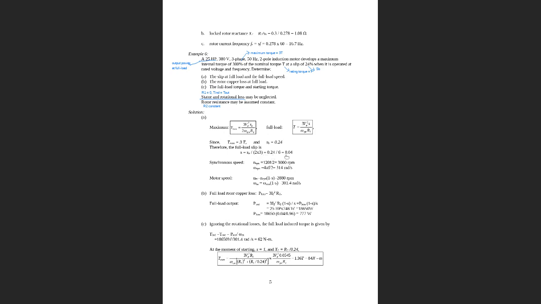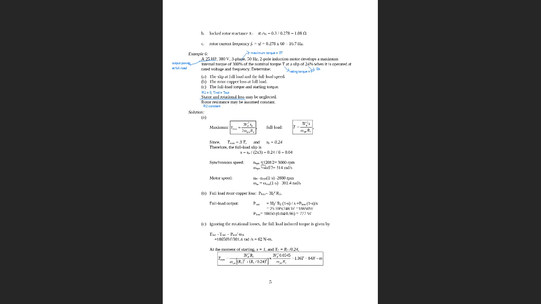So the full load slip is 0.04, while the breakdown slip is given as 0.24. So the full load slip can be simply estimated from these two simplified formulas.